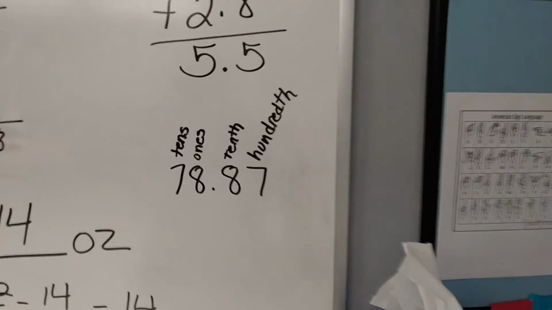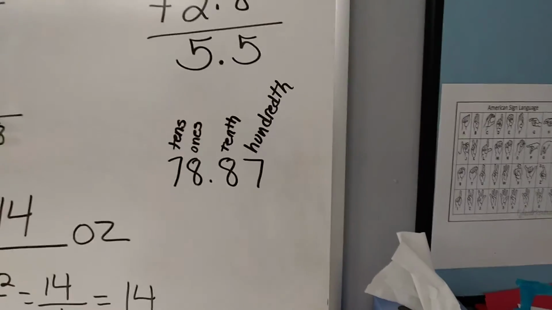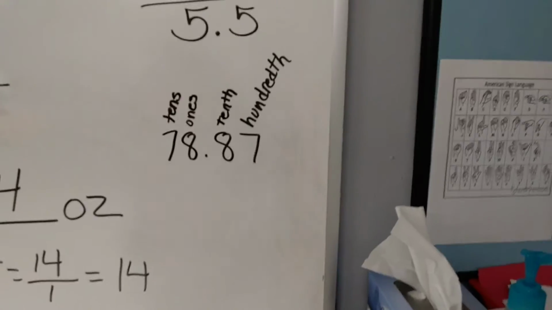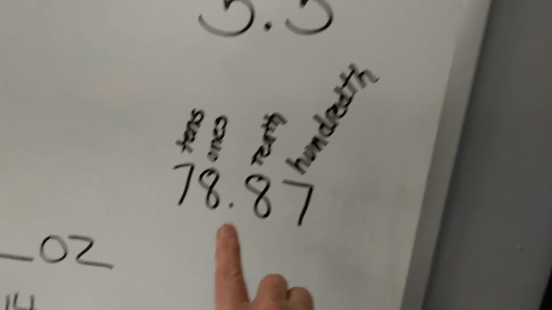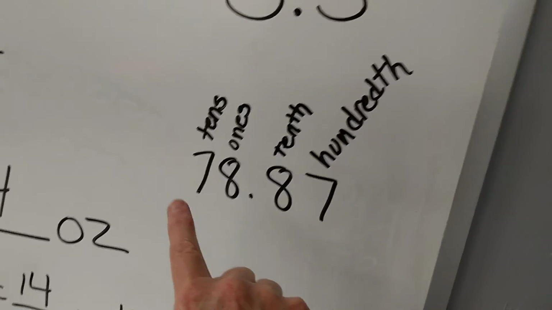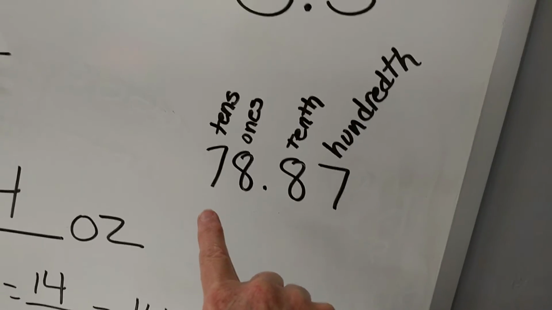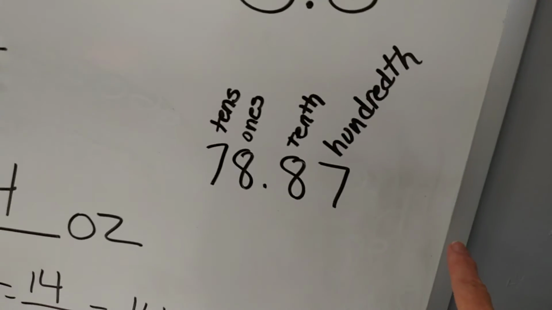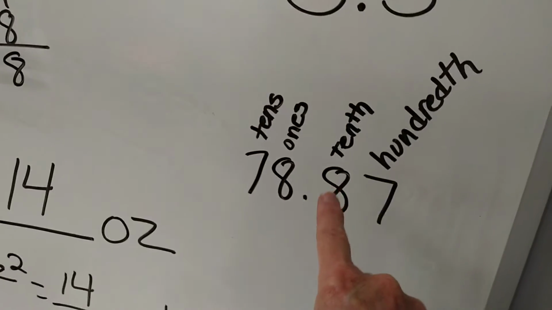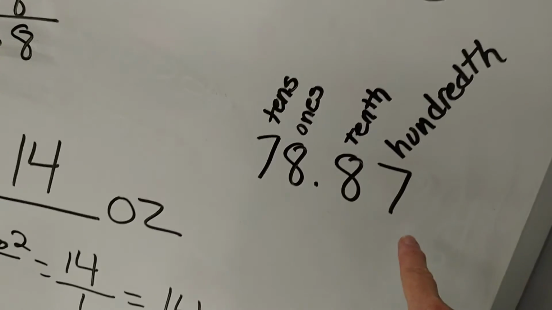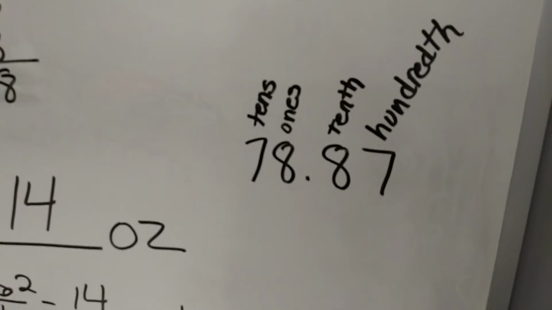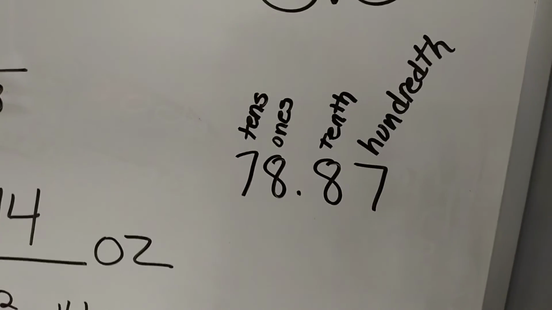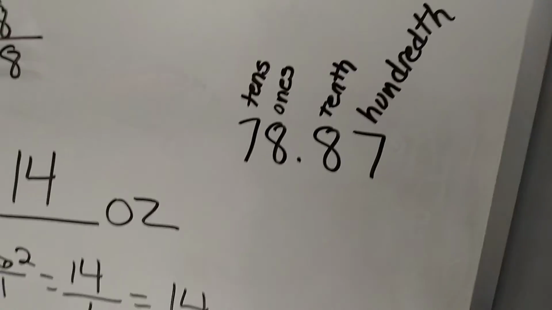All right, in reading a decimal, you have 78.87. This right here is the ones place. This is the tens place. On the other side of your decimal, you have the tenths and the hundredths. So your 7 is in the tenths place and your 8 is in the hundredths place.